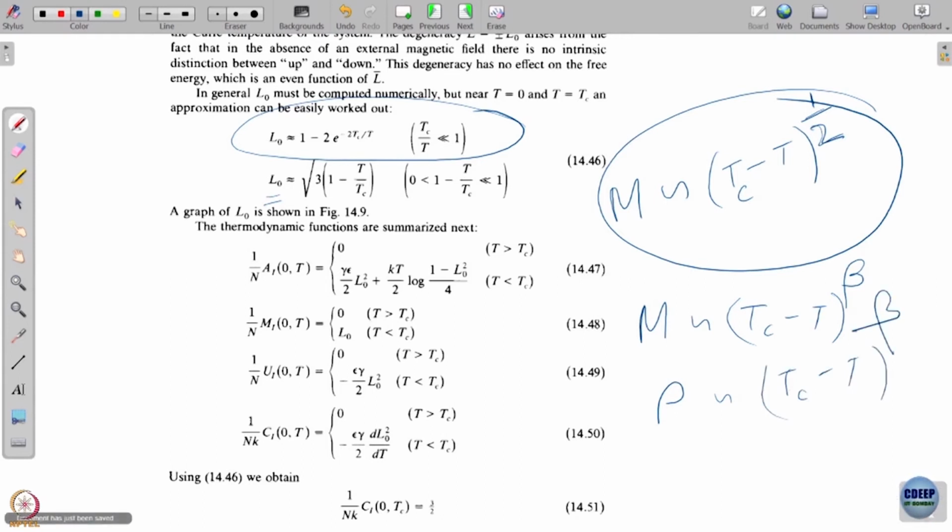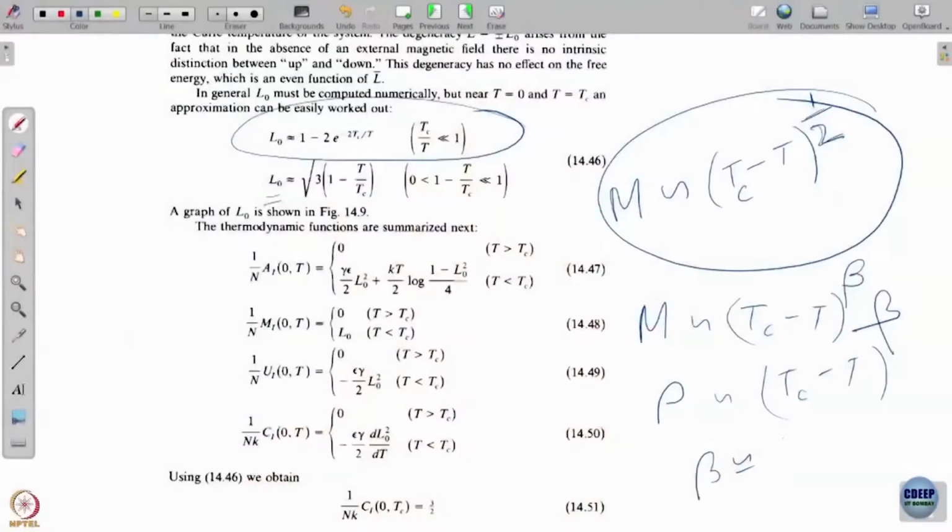In mean field theory, Landau theory, and Bragg-Williams theory, this exponent beta is half, which was experimentally found to be wrong. Experimentally one found that there is a fractional exponent, and the basic thing is correct, that it shows very singular behavior near the critical point, but this exponent is more like 1/3.